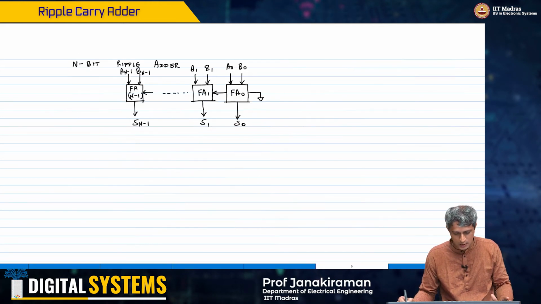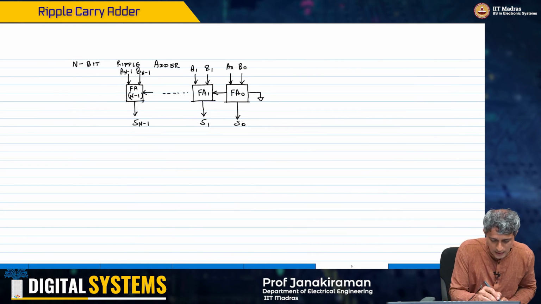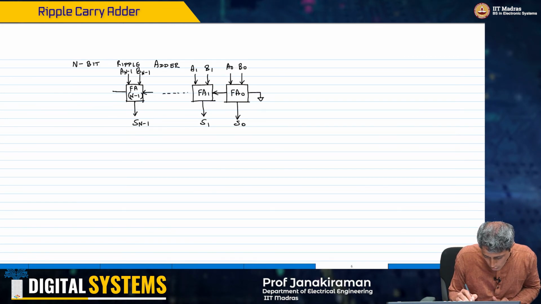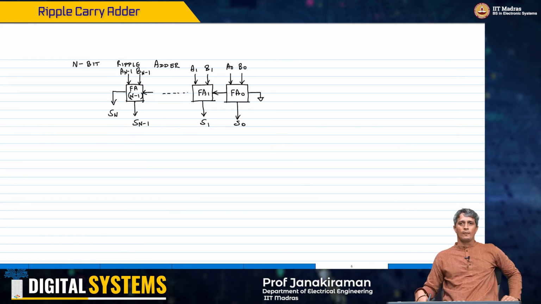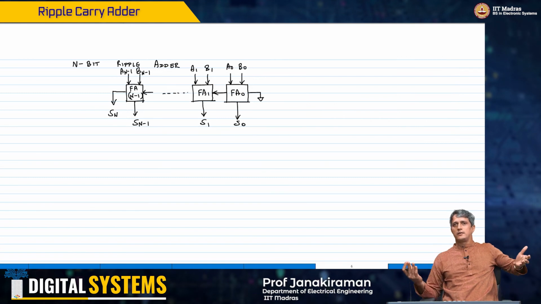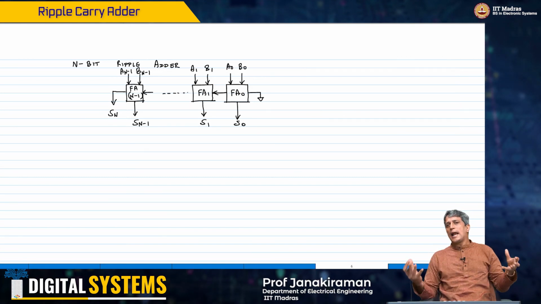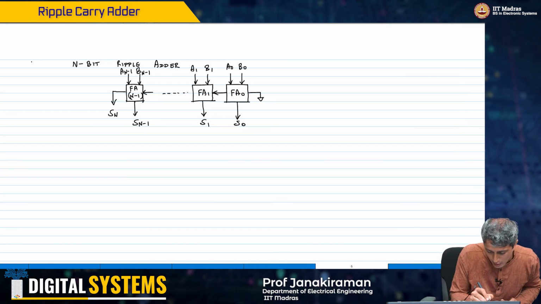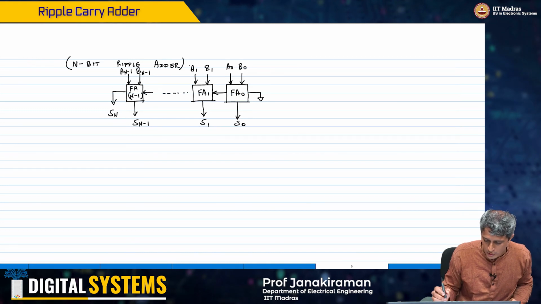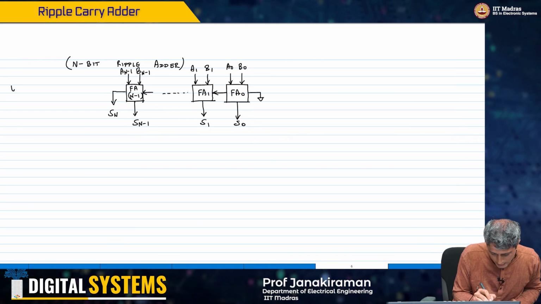You do this and the carry out is going to come out as Sn. With that you get a ripple adder for unsigned numbers. You must be careful, this is for unsigned numbers.